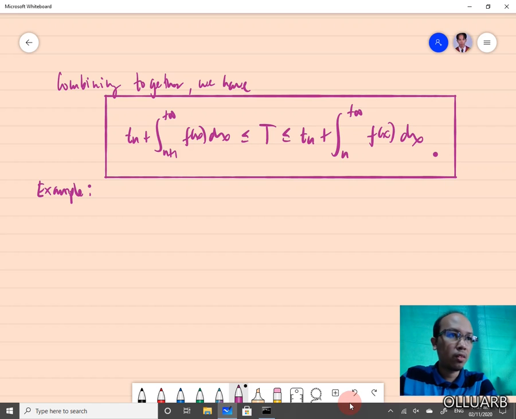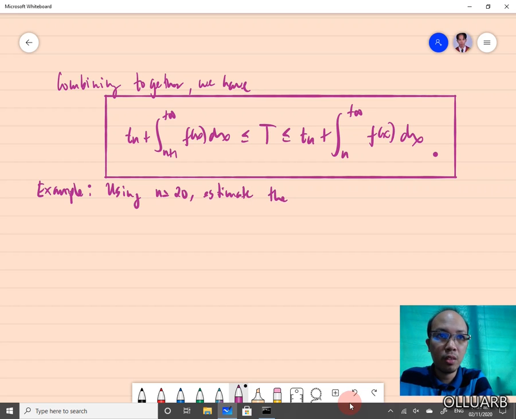So as an example, using n equal to, let's say, 20, to estimate the value of this series, summation of 1 over n cubed, where n starts from 1 to positive infinity.